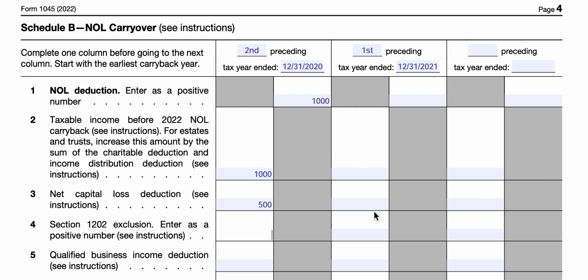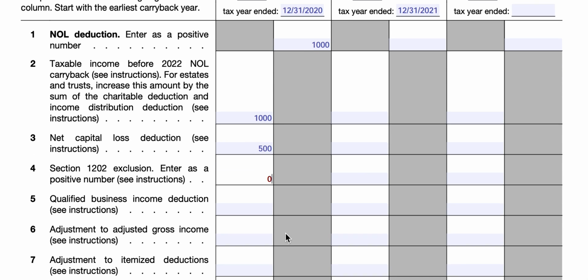Section 1202, this would be entered as a positive number, any gain that you excluded on the sale or exchange of small business stock. So we'll just imagine that you didn't have any small business stock transactions.